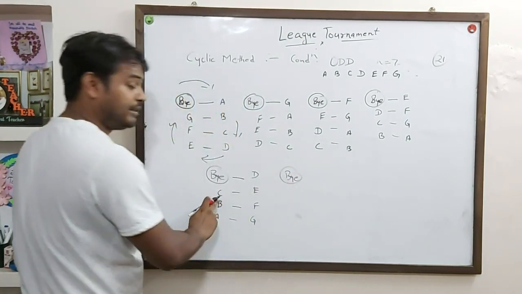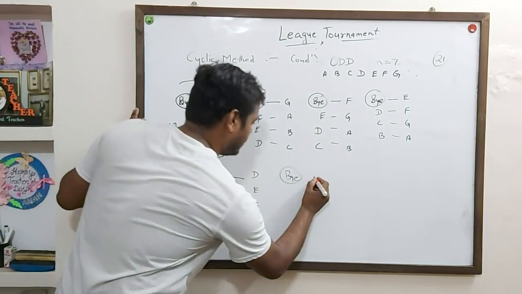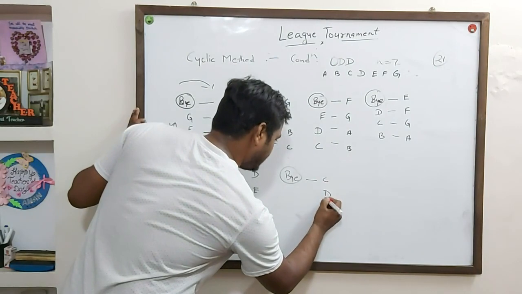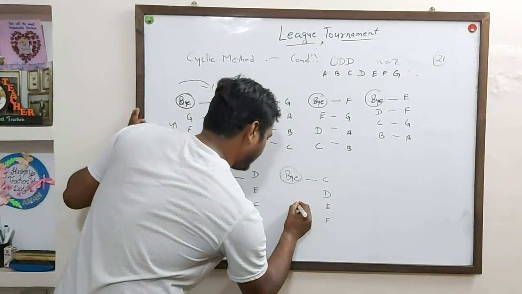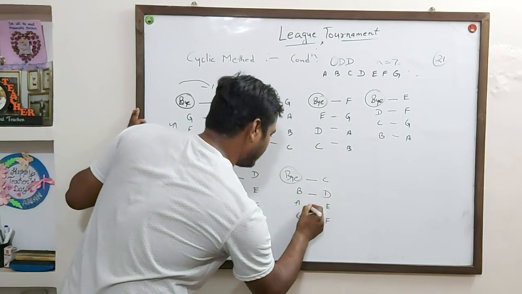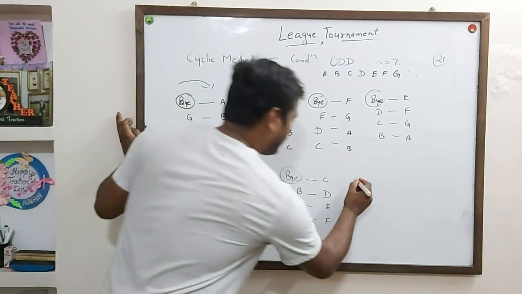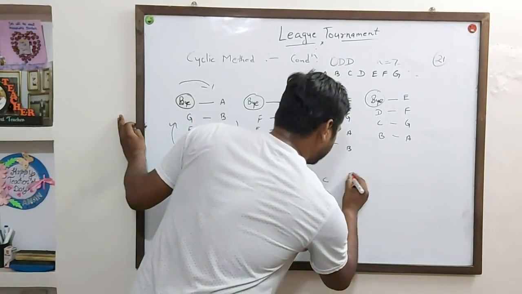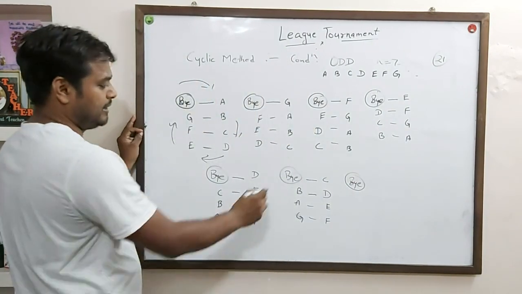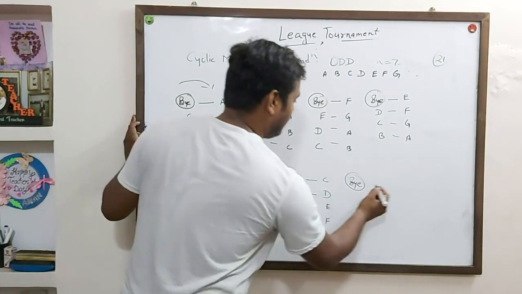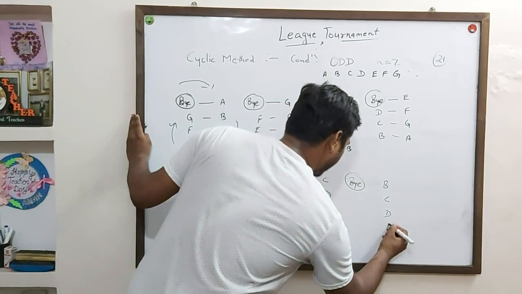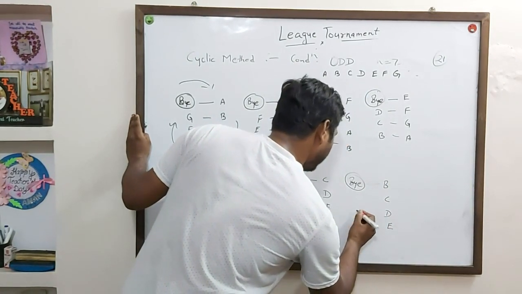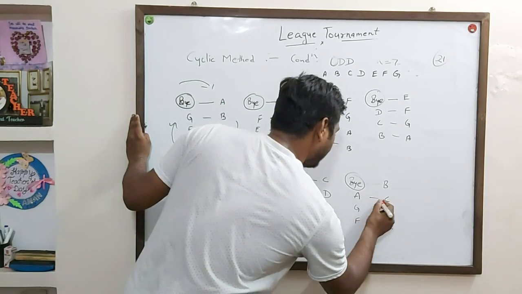Then in place of B, C will come, meaning C, D, E, F, G, A, B. One more round, bye place will be fixed. Then in place of C, B will come: B, C, D, E, F, G, A.